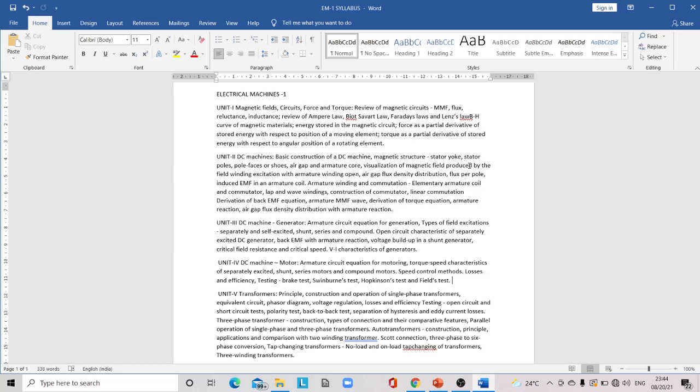It can be a DC generator or a DC motor, and the construction is the same for both. We saw the stator yoke, stator poles, pole face, pole shoes, pole core, air gap, armature core, visualization of the magnetic field produced by field winding excitation with armature winding open, air gap flux density distribution, flux per pole, EMF induced in armature coil, armature winding and commutation.